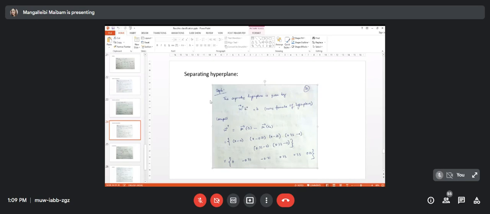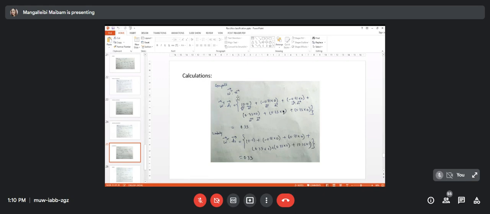The next step is to find the hyperplane. This is a formula we have already seen in the previous slide. So we have to find the right side values and left side values. The W vector is calculated using the differences between the centroid values for C1 and C2. We got the W vector here.